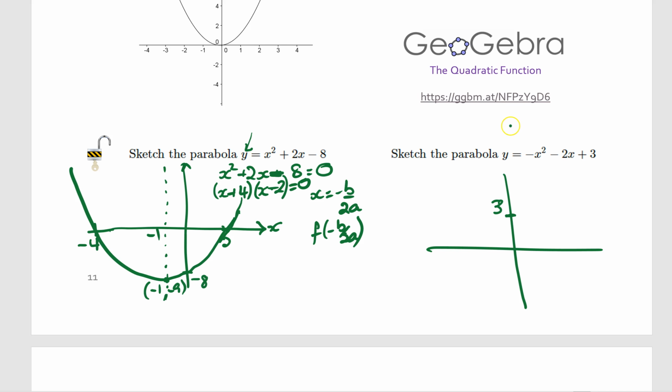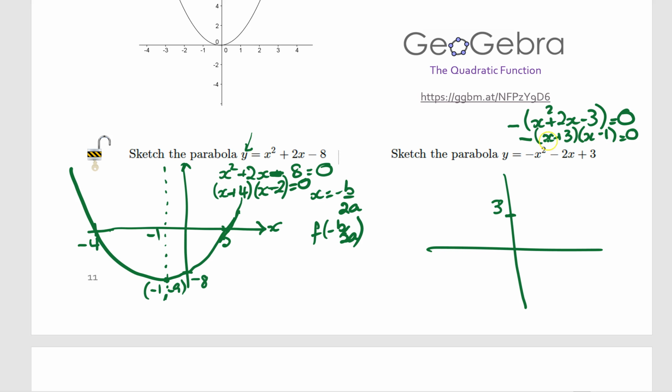So if I write this as minus outside of x squared plus 2x minus 3 equals 0, and then I focus on this bit in here, do we have two numbers that multiply to -3, add to +2? Yes, that would be x plus 3 and x minus 1, with this minus out the front.